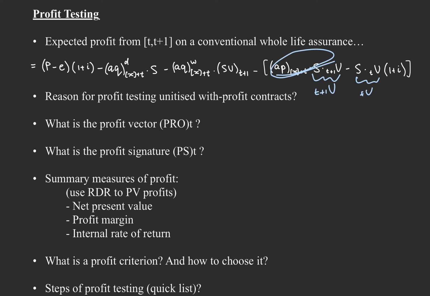We profit test at multiple points along the contract's timeline, and the reason we do this is to make sure that we're not bringing into force a book of policies that is not going to be profitable for the business. So profit testing is important, and we do this as we move throughout the stages of the maturation of this contract. Okay, so bringing it into existence and then as it matures.